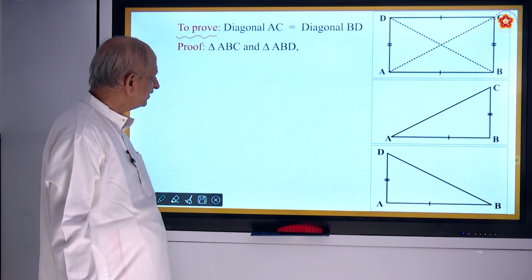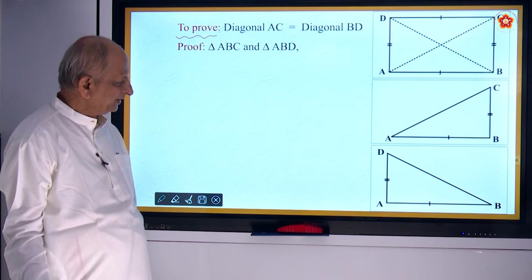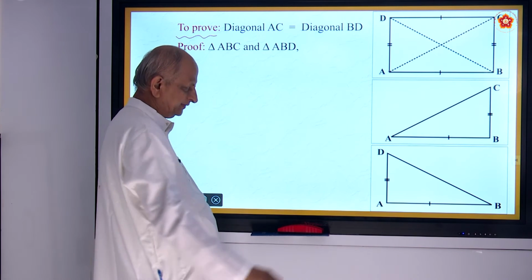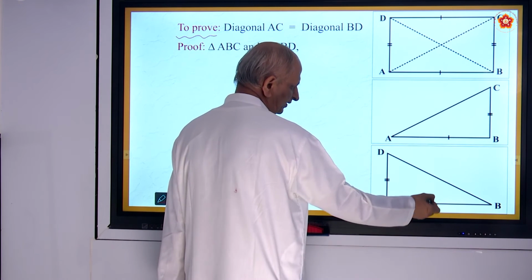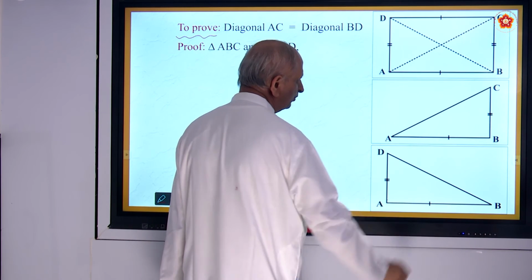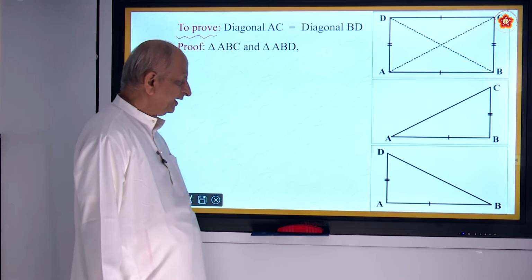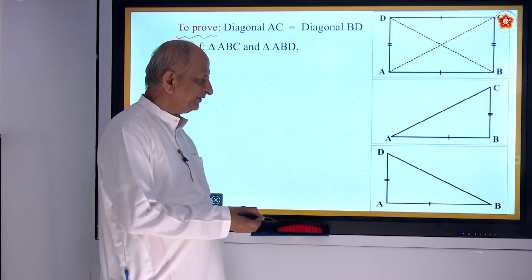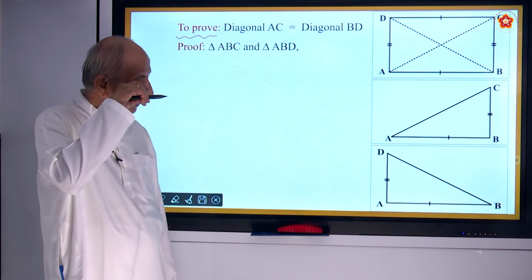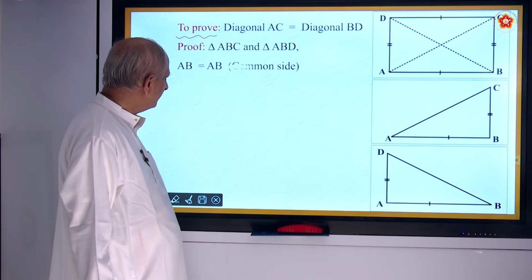Take the two triangles ABC and ABD. Can you find anything equal? Yes. AB is equal to AB. Angle A is equal to angle B, both 90 degrees. And side AD is equal to side BC. These are the things you know are equal. Now, let us prove them one by one.